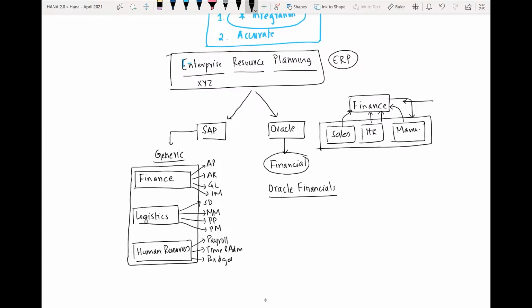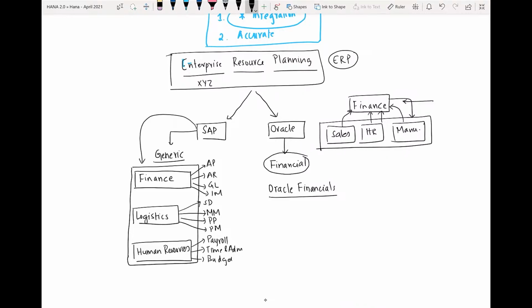So what SAP did is they created a product which is much broader in perspective and can be applied to any organization. Oracle Financials, on the other end, though it is a very good product, started only focusing on finance. They said, I am not going to care about what is happening internally within sales.